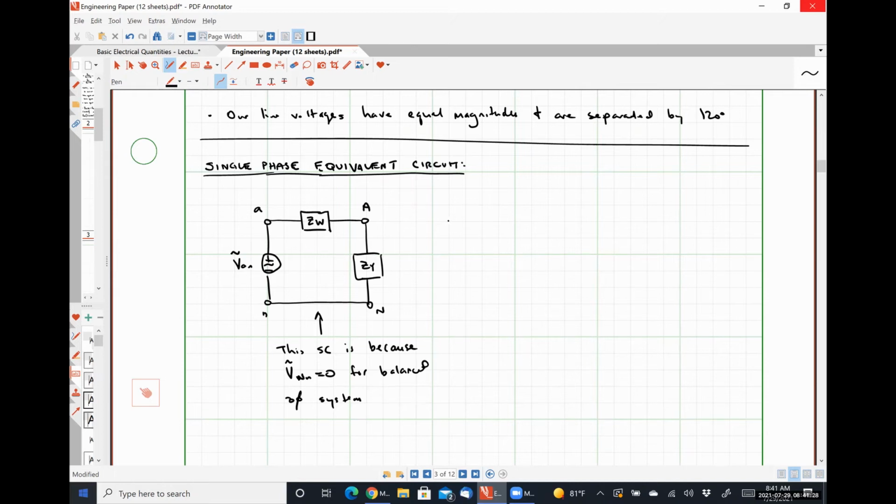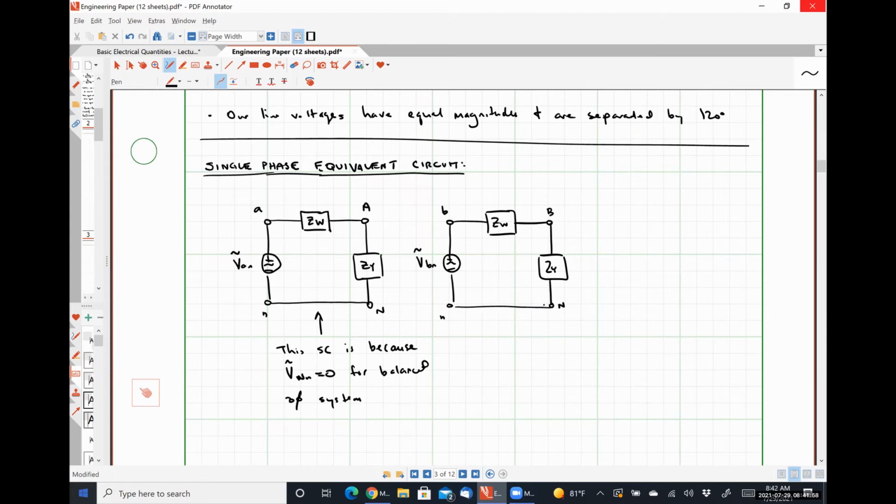We could draw a similar single phase equivalent circuit for phase B. This would be lowercase b, lowercase n, capital B, ZY, capital N, et cetera.